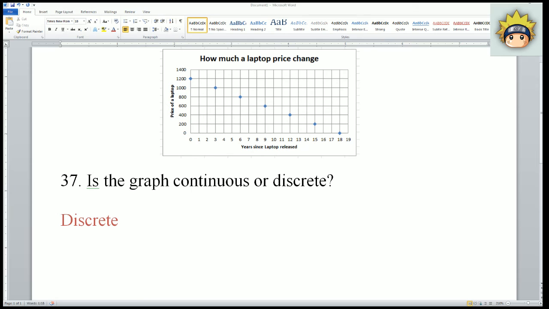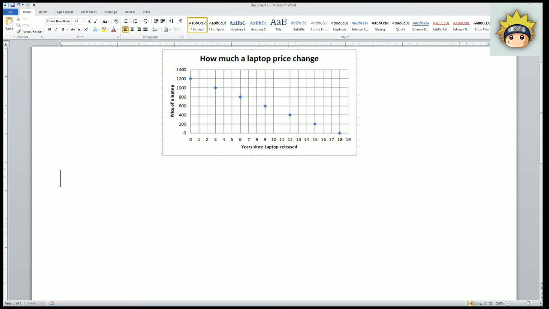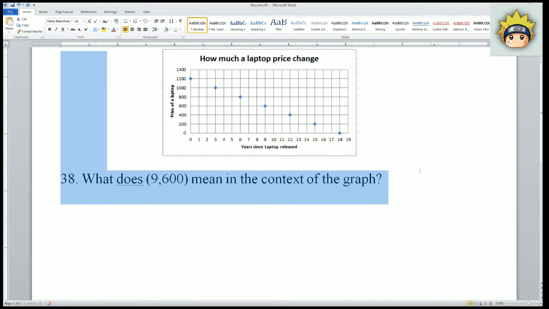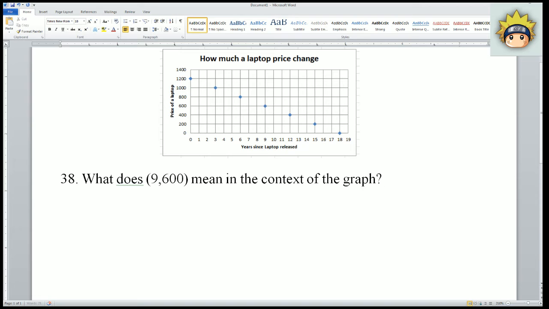For 37. Next, 38 asks us, what does (9, 600) mean? Okay? All we have to do is plug it into our story here. When, right? 9, that's the x value, and we write it as 9 years since the laptop released.